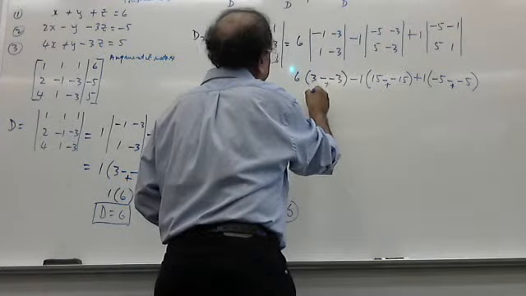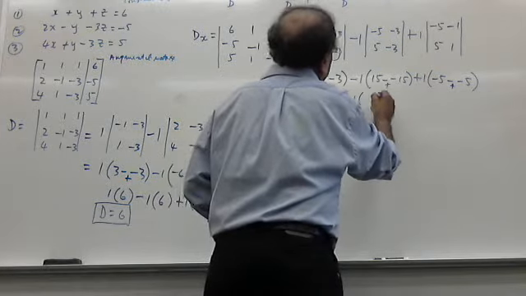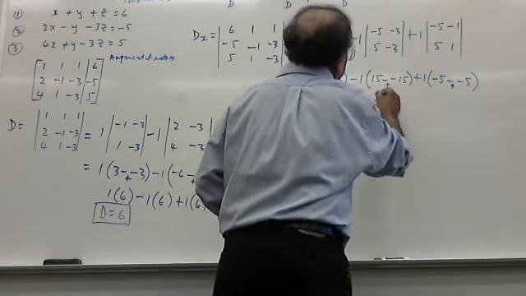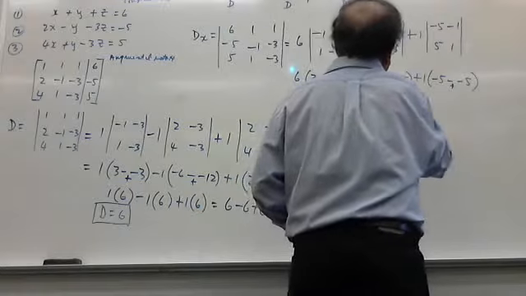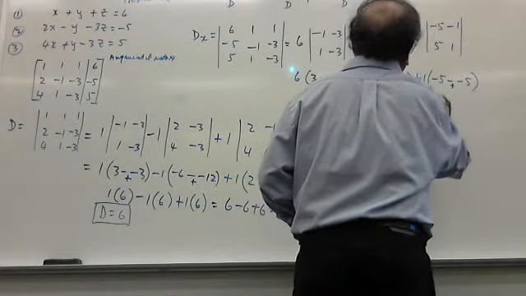So then this is going to be 6 times 6 minus 1 times 15 plus 15 is 30. And then this is going to give us plus 1 times -5 plus 5.